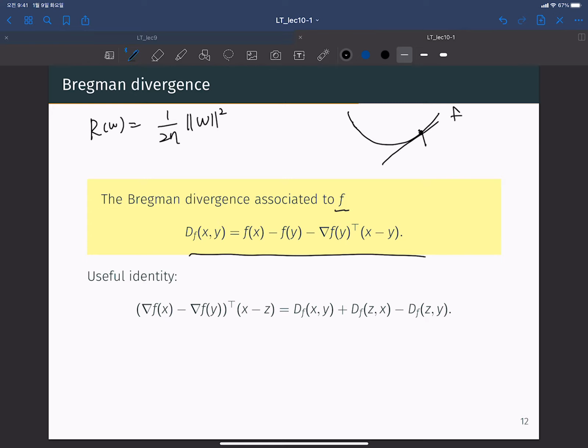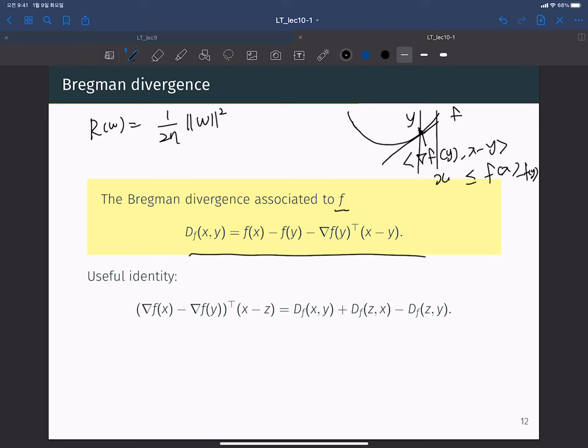When this is the y point and this is the x point, the tangent line equation is the inner product between gradient f(y) and x minus y. From the convexity of f, we know that this tangent line is below the function, so we compare with f(x) minus f(y).